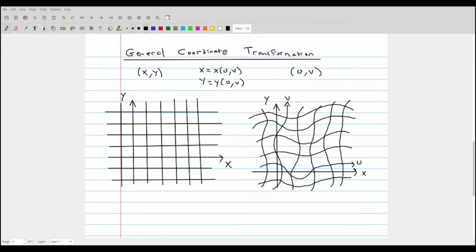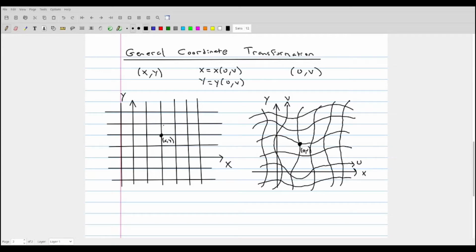So the horizontally moving curves here are fixed values of v, and the vertically moving curves here, say, are fixed values of u. And these are the coordinate curves for our new coordinate system, say. Just like before, for any given point, take a point, say, right here. Okay, every different point x, y, is also described in terms of coordinates u and v.